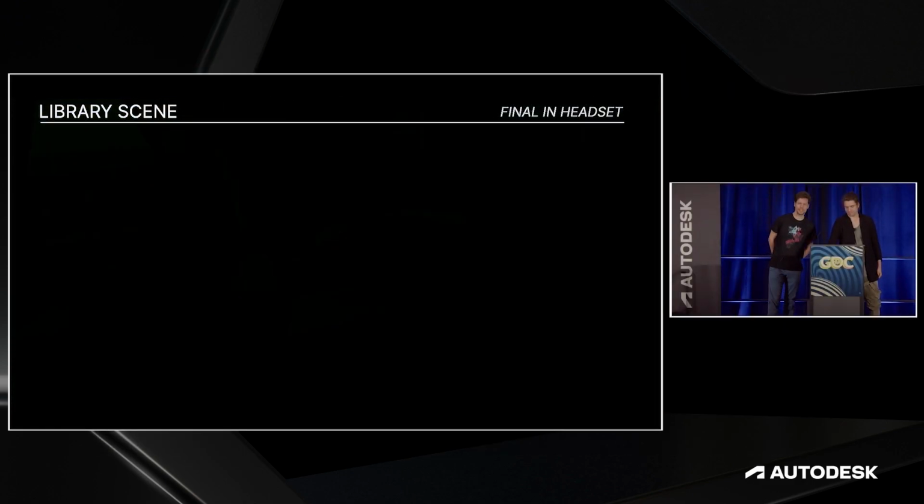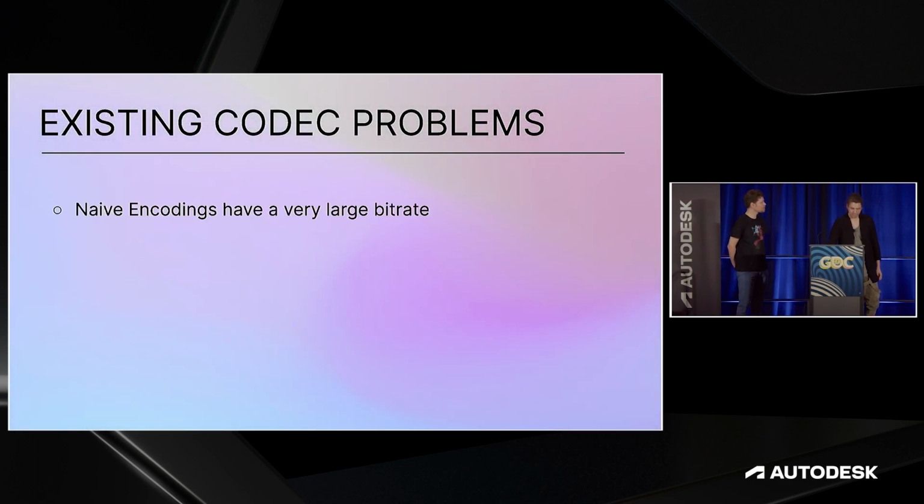Okay, and now Devin is going to dive into the particulars of the compression that pulled this off. So in volumetric video of the currently available codecs prior to AVV, there's sort of naive encodings that can have a very large bit rate, close to that 2 gigabytes a minute figure.